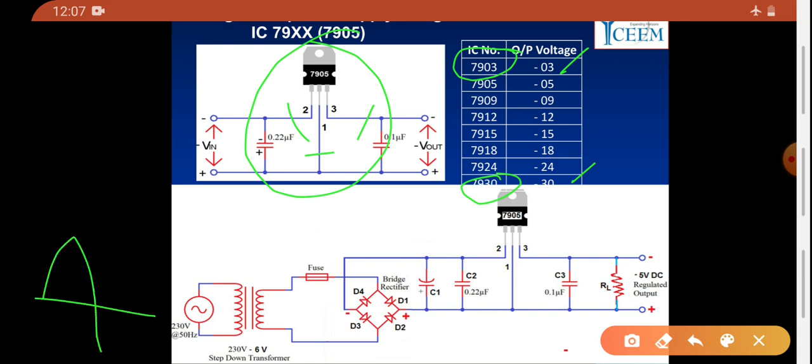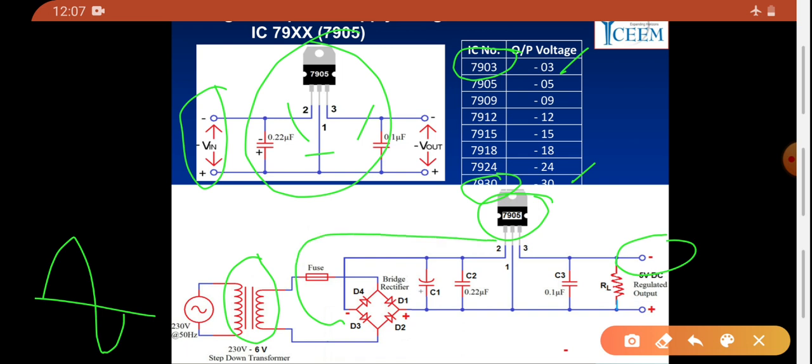AC 230 volt is applied as input, transformer is there. We want to generate minus 5 volt, therefore we have selected the 7905 IC here. Now we are generating the negative voltage, therefore we have to apply negative Vin, minus Vin. So that's why the negative terminal is connected to pin number 2, which is the input pin of this IC.